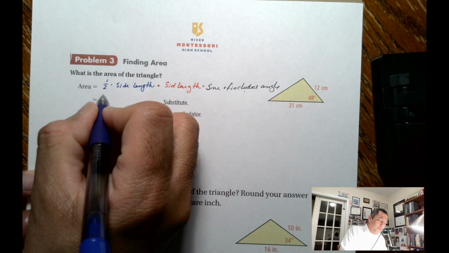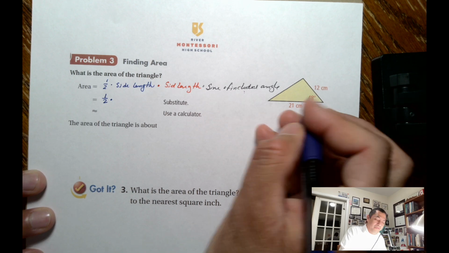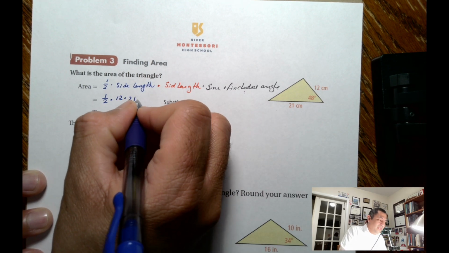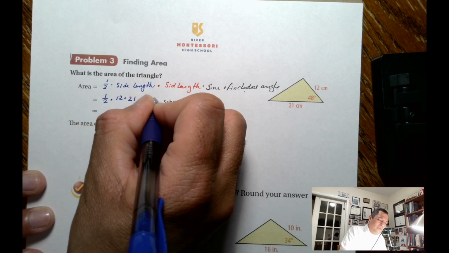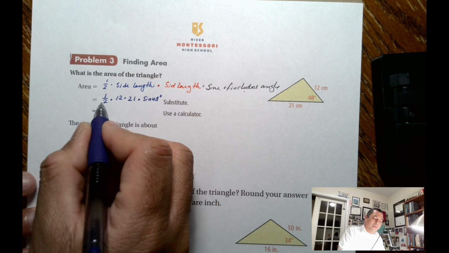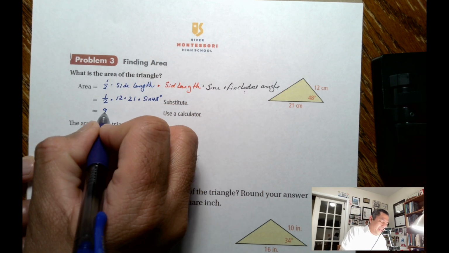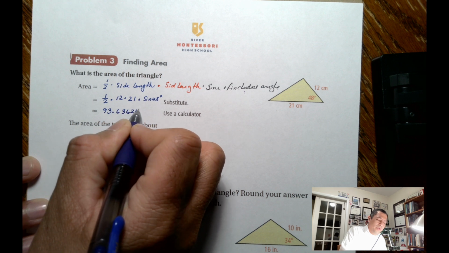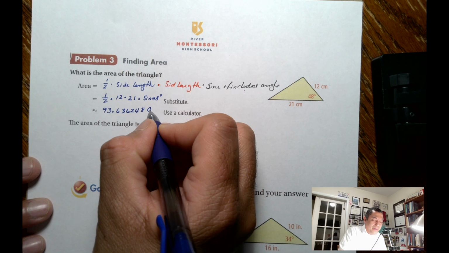So what is that equal to? It is 1/2 times, I'm going to say 12, times 21, times sine of 48. So if I plug in everything in the calculator, I'm going to get 93.636248 in this case, in centimeters squared.